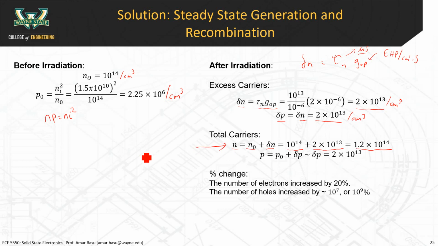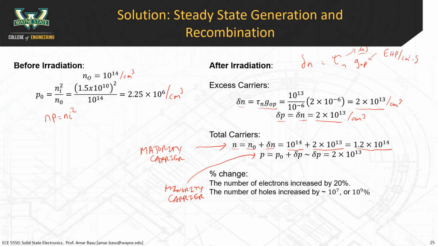This is the majority carrier. This is the minority carrier. Whichever one you have more of, that's your majority carrier.